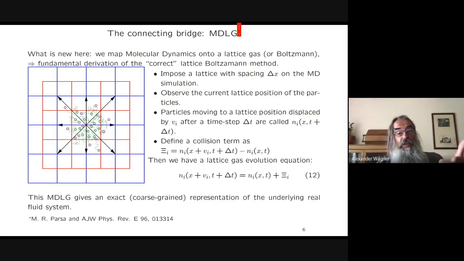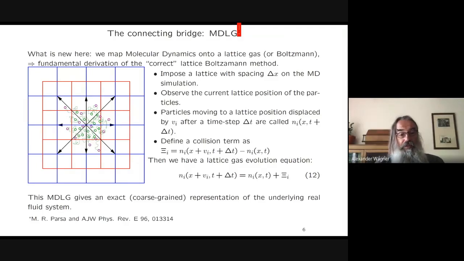And then, since you know all the Ni at all times, you can define what your collision term has to look like. If you define this collision term as the difference of the Ni's, then you get this equation 12 here, which looks exactly like a lattice gas evolution equation, right?